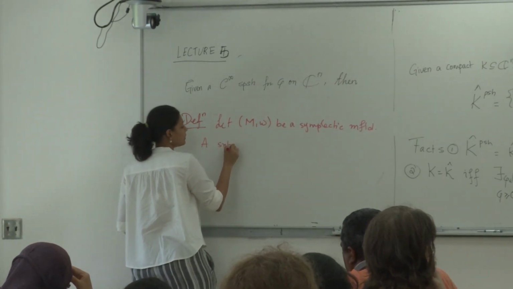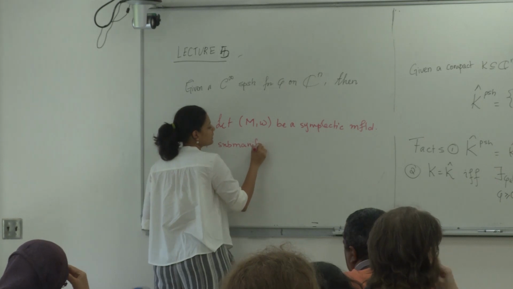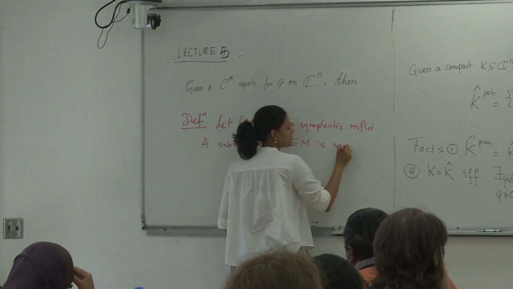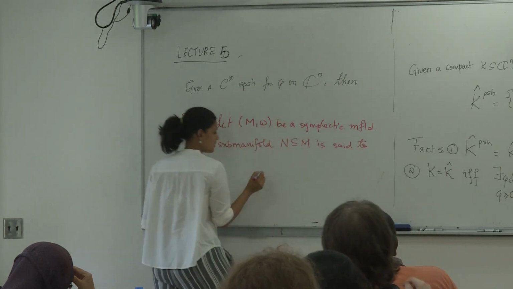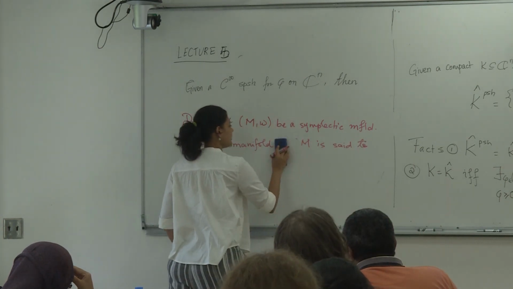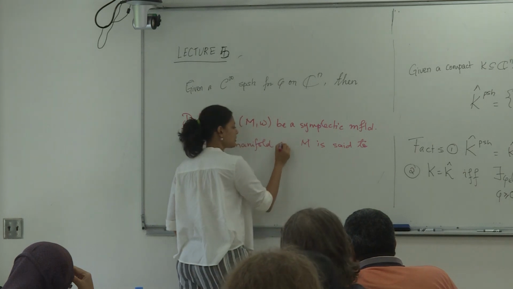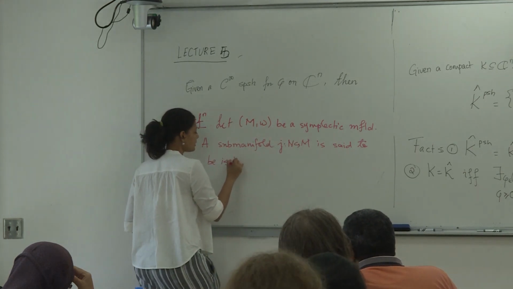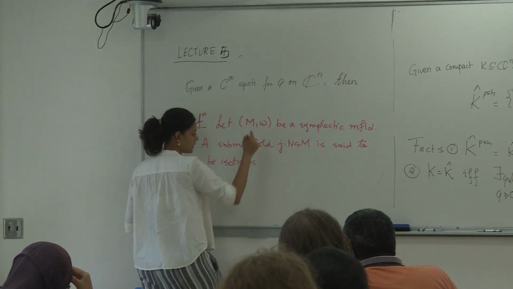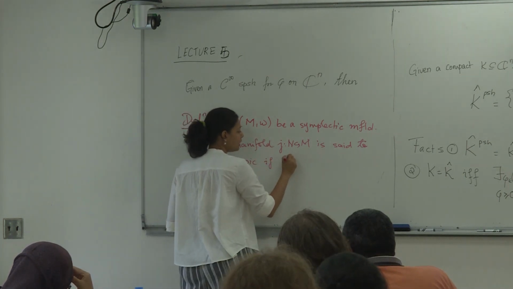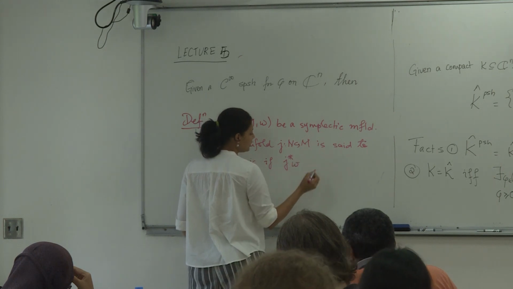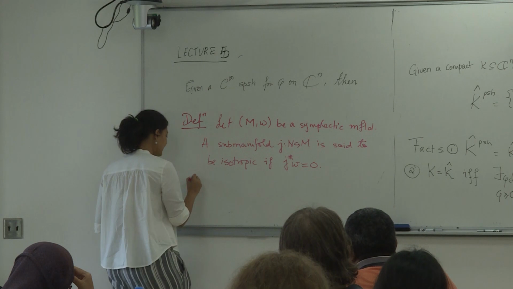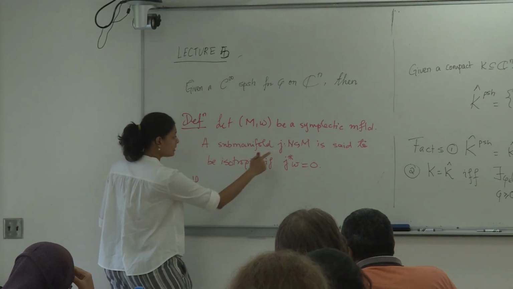A submanifold N in M, with an inclusion map, is said to be isotropic with respect to this structure if when you pull back this form on N, it vanishes.